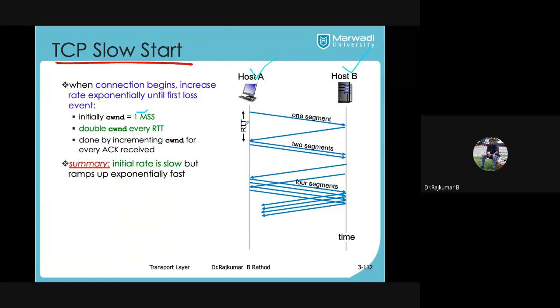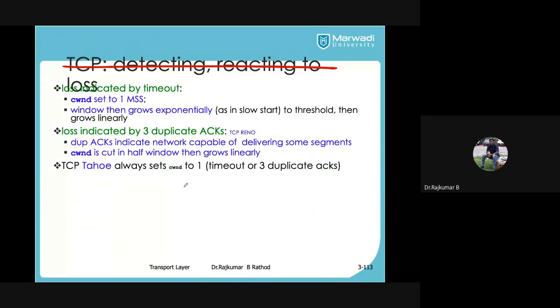Then double the congestion window size in every round trip time, that is, by increasing the congestion window size for every acknowledgement received. So what is the summary? Initial rate is slow but ramps up exponentially fast. Clear? कब तक चलेगा फिर ये?